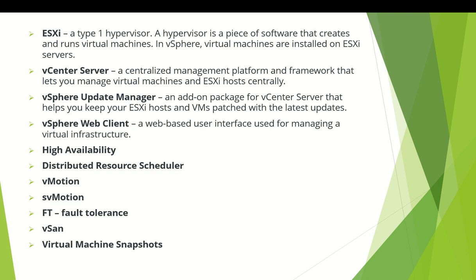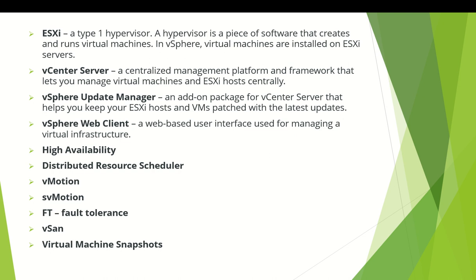Fault tolerance is nothing but, when you enable it, it will create a secondary machine on another ESXi box, and it will create a heartbeat between the primary VM and the secondary VM, syncing simultaneously. If the primary VM goes down, the secondary VM will be converted to primary, and it will create another secondary VM on another ESXi box.